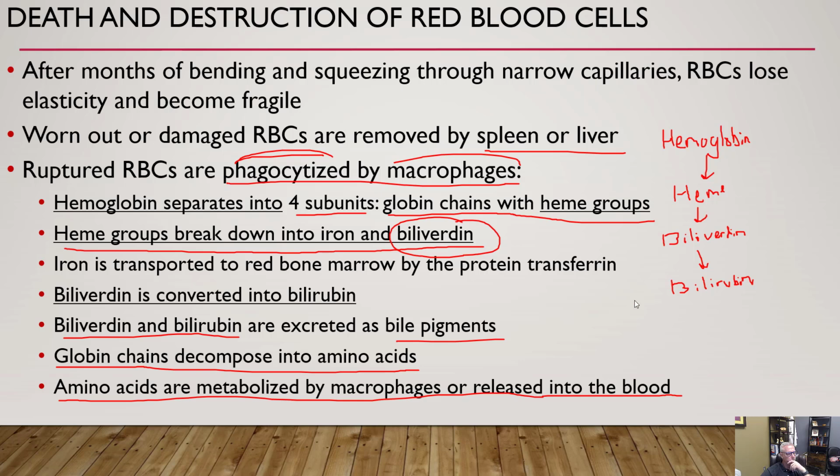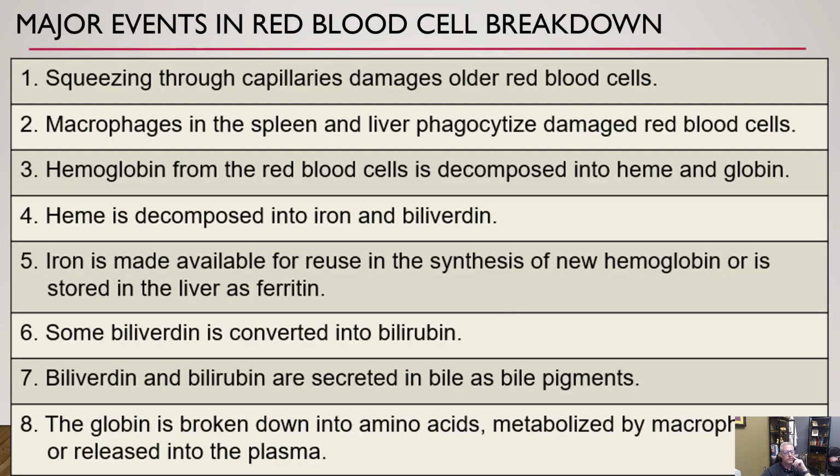All right, moving on. So here's just a chart form of what we just talked about. You can read that one on your own. We just kind of went through that.